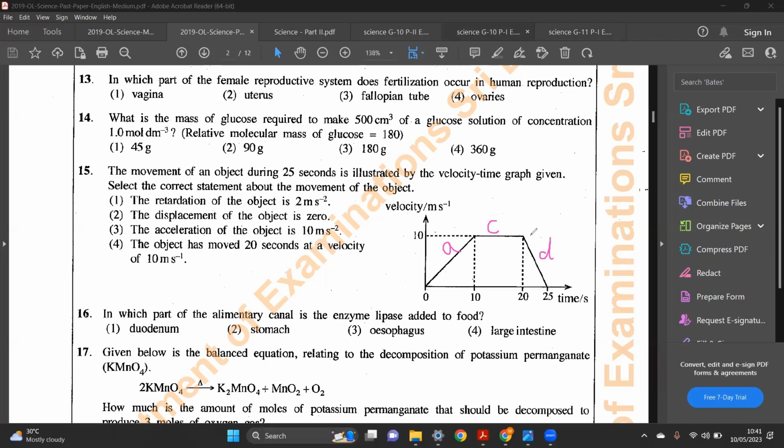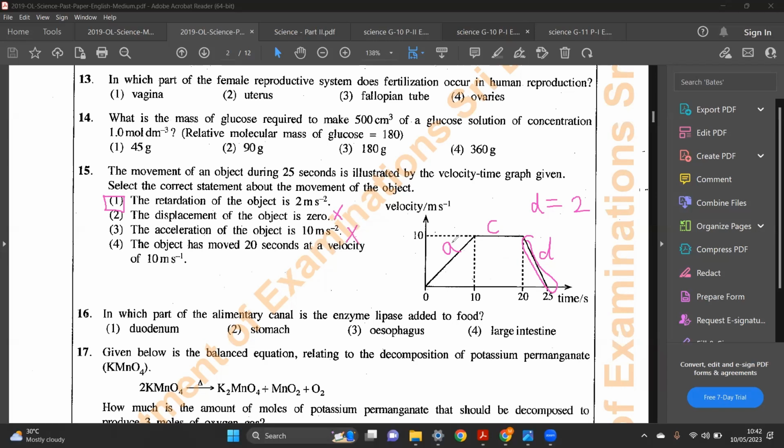So if you look at this part, this is your deceleration part. You can calculate it. You would get deceleration as 2. Final velocity minus initial velocity divided by time. You're going to get your value, which is 2. So the first option is already given to you. You can go for that. Displacement of the graph will be basically the area under the graph. So there is a value, right? So you can't say it's 0.